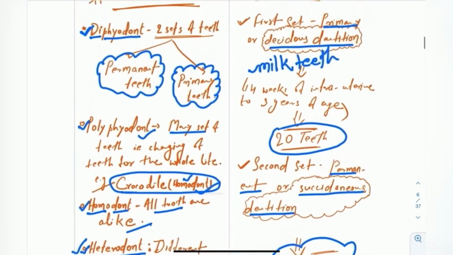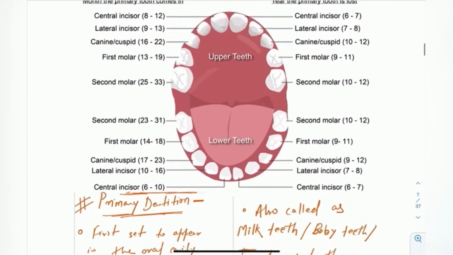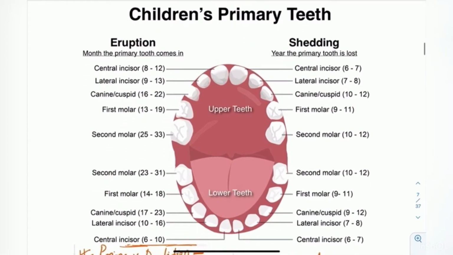See, in children's primary teeth, you can see central incisor, lateral incisor, canine, and first molar and second molar. Premolars are absent in deciduous dentition.